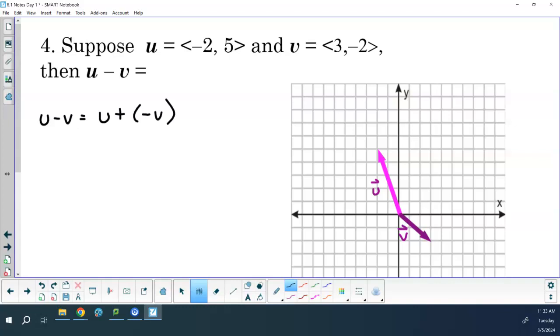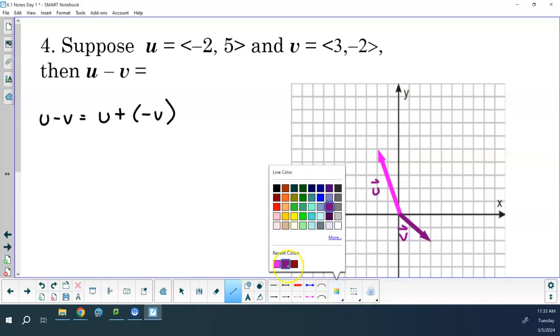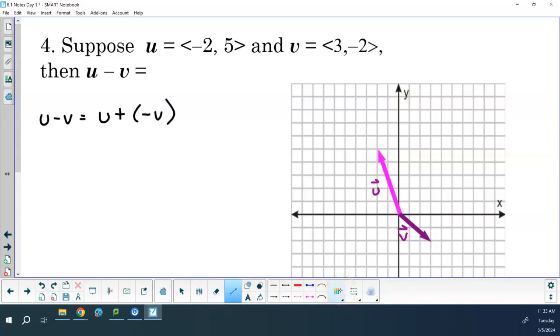We all agree with that? Okay, all right. So the opposite of v then would be, instead of right 3, I'd go left 3. Instead of down 2, I would go up 2.